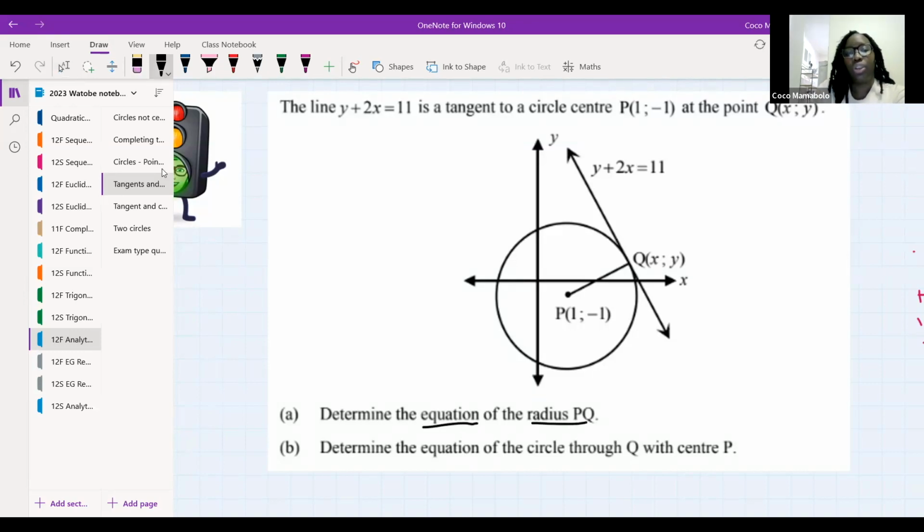So yes, you're correct, the equation of the straight line. Teddy, 100%, I'm so sorry about that. Thank you, Zintle. Sorry, I thought they wanted just the radius. So we're going to use m tan times m rad is equal to -1.